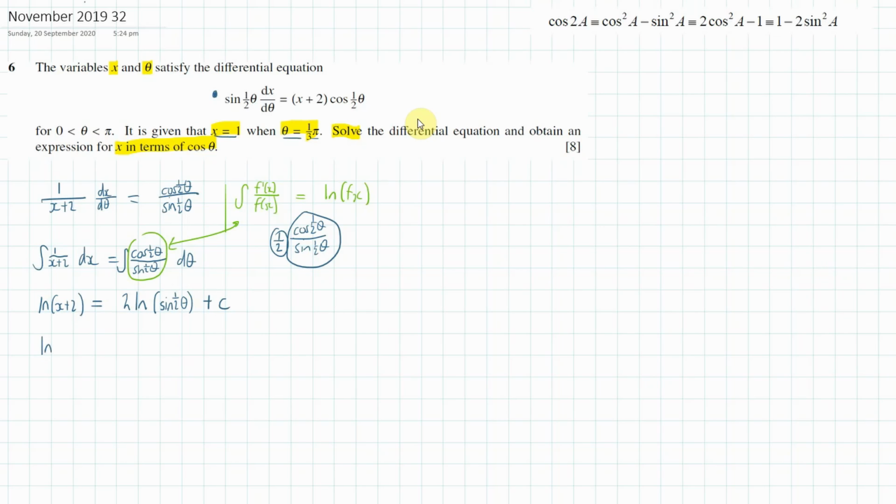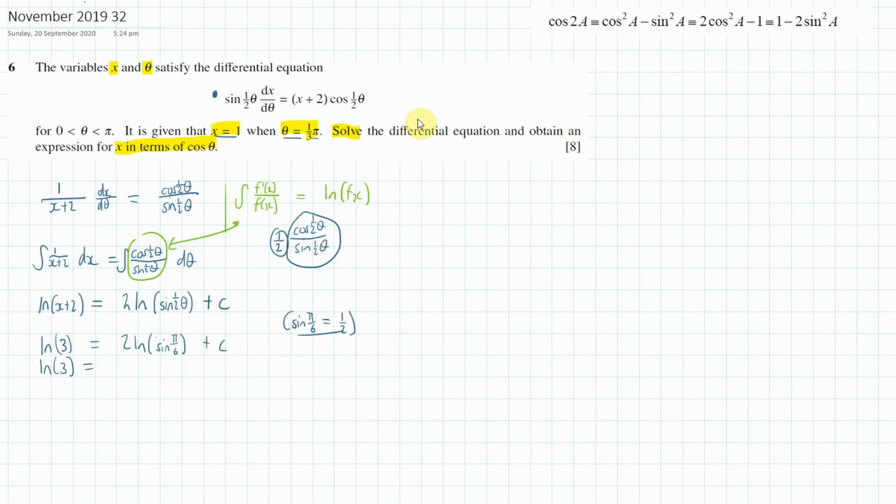So ln 1 is x, so ln 3 is equal to 2 ln sine 1/2 pi over 3, so sine pi over 6, plus c. Now, sine pi over 6 is 1/2.